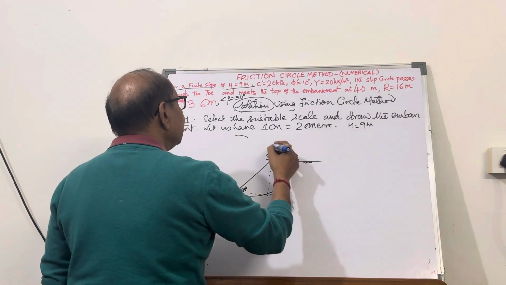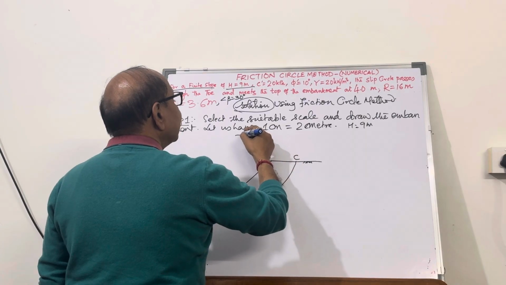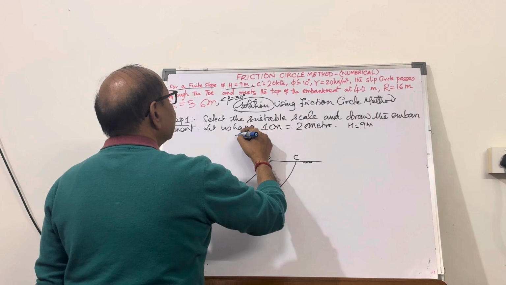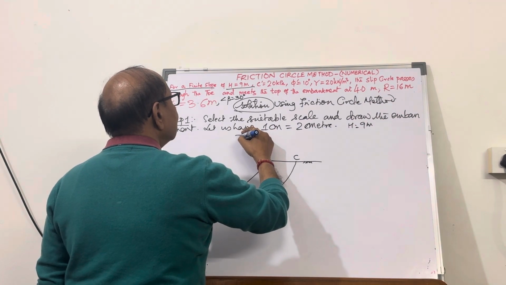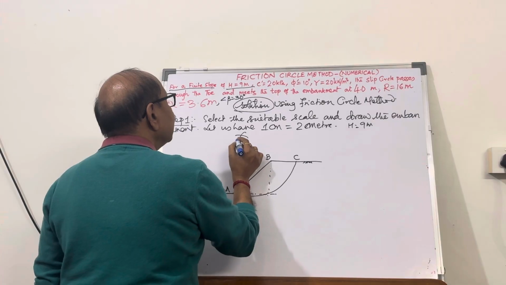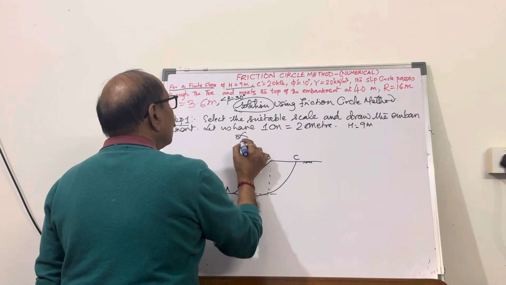And from C, taking radius equal to 16 meter, you can draw the arc. So it cuts at this point and this point becomes the center of rotation, O.